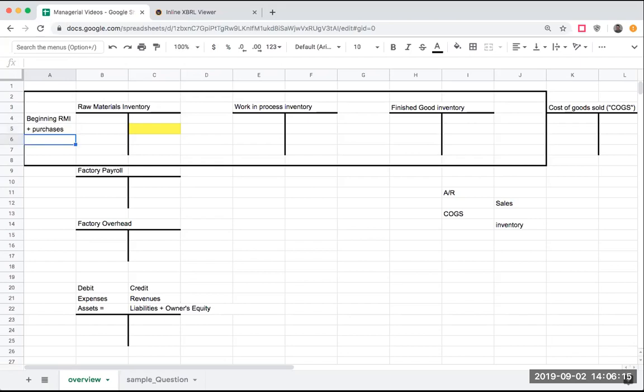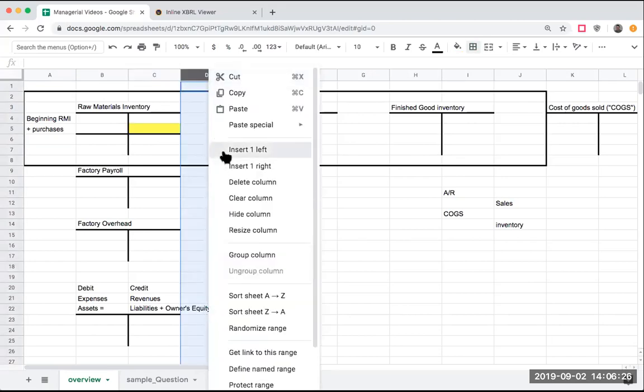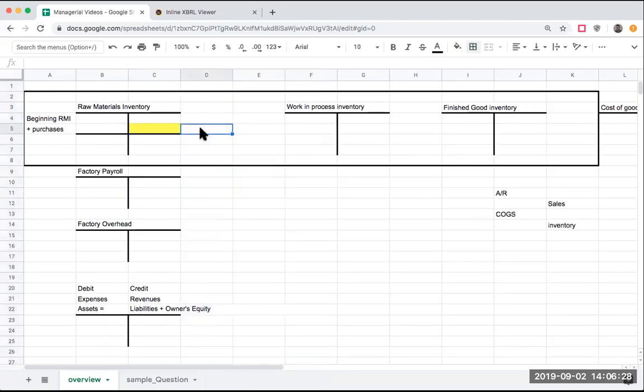This gives us what we would call goods available for sale, or inventory available for sale. Then we're going to deduct, or take out, raw materials into production. This amount is what we're going to call our direct materials.